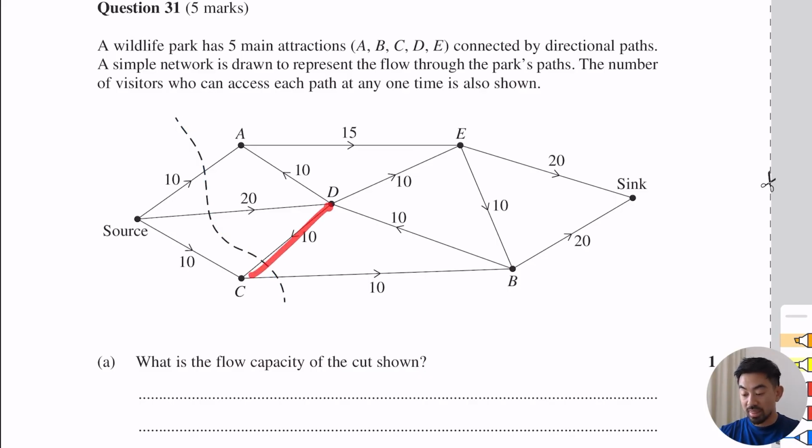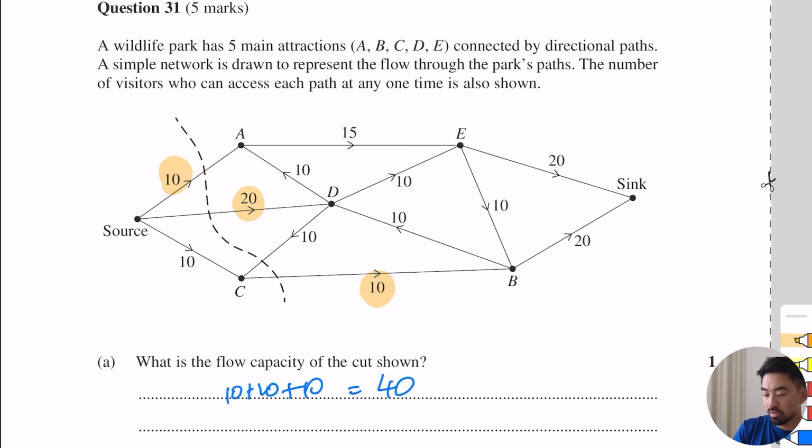Now, it looks like that will be invalid because the arrow is kind of going backwards. And in any case, it's kind of coming through here anyway. So the only ones we need to count is this one, and this one. So 10 plus 20 plus 10 is 40, I think. That's our capacity.